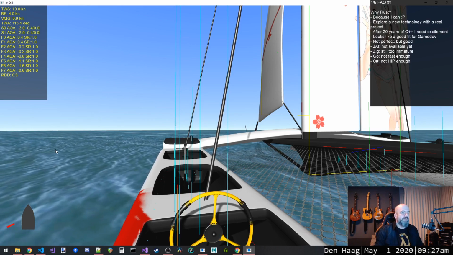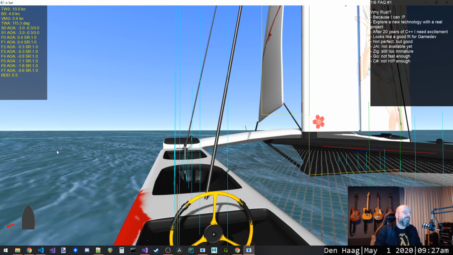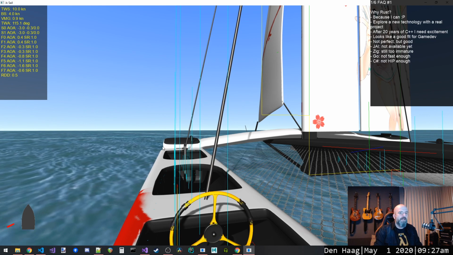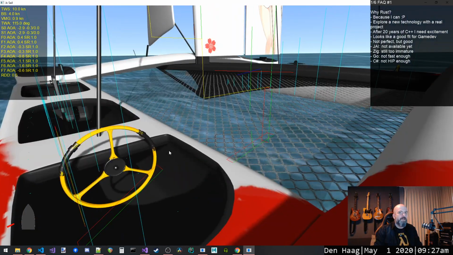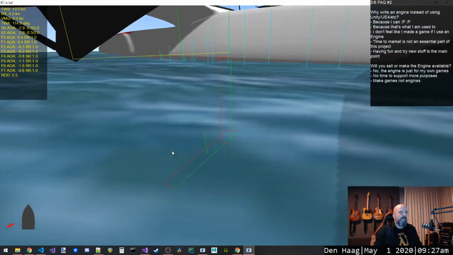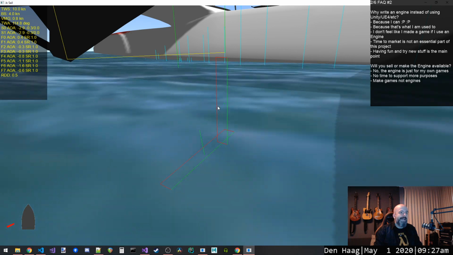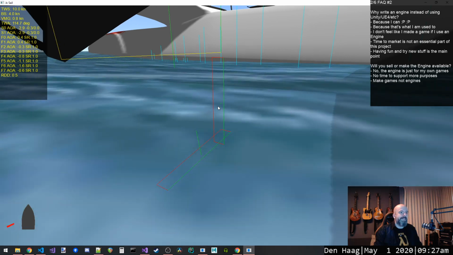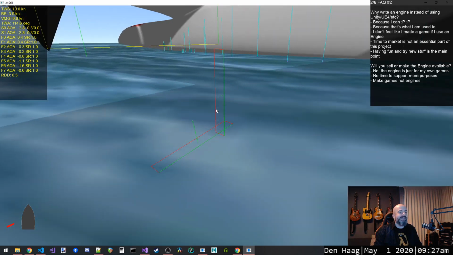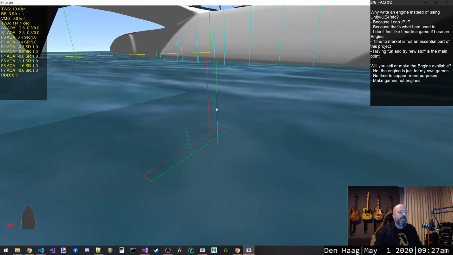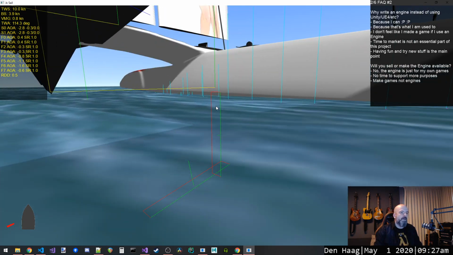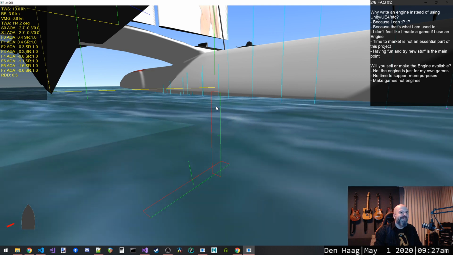What has changed from last time that made it a little bit more drivable is that if you remember last time, I had the foils deciding if they were underwater in an on-off fashion.